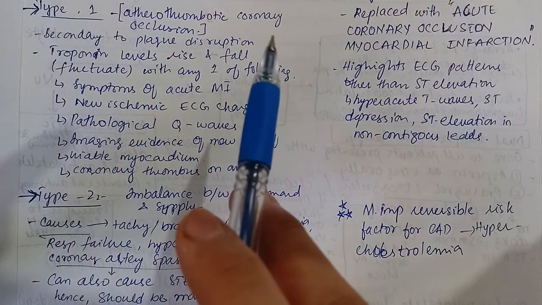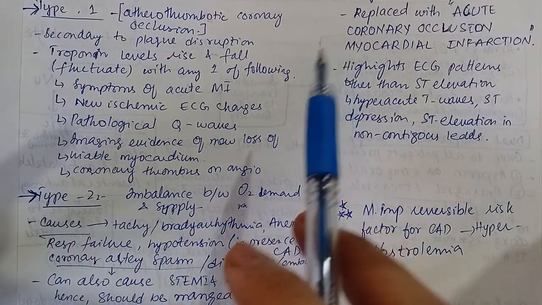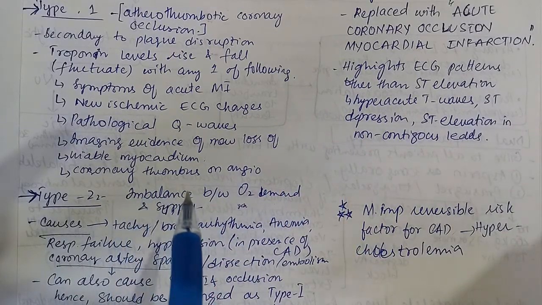Now, type 2 is termed as the imbalance between oxygen demand and supply. Type 1 is the atherothrombotic coronary occlusion due to plaque disruption, but type 2 is simply the imbalance between oxygen demand and supply.